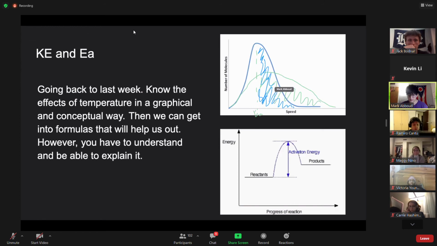You can see by the shaded area, there's more, or at least there should be, that can react if we raise the temperature. And it's even more true if we have a higher activation energy, although I think that was in your material from this week, so they'll go over that at the next review session.